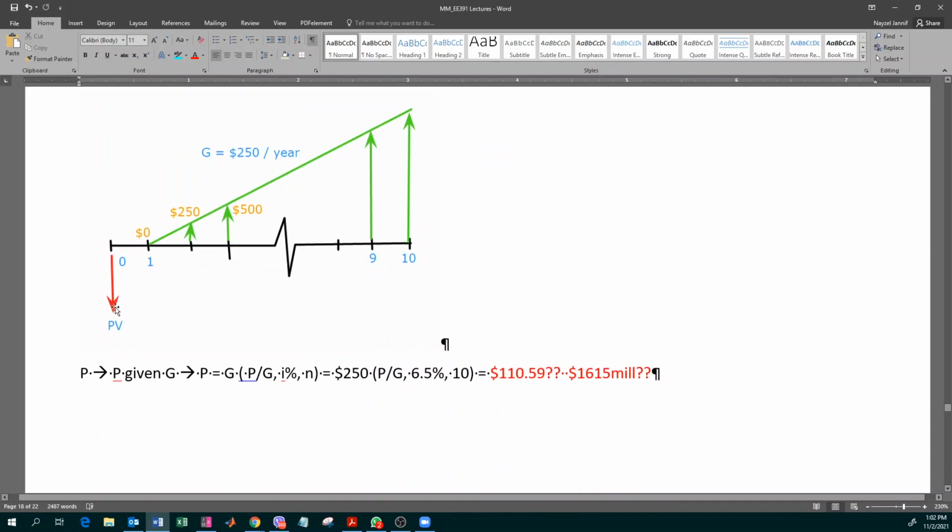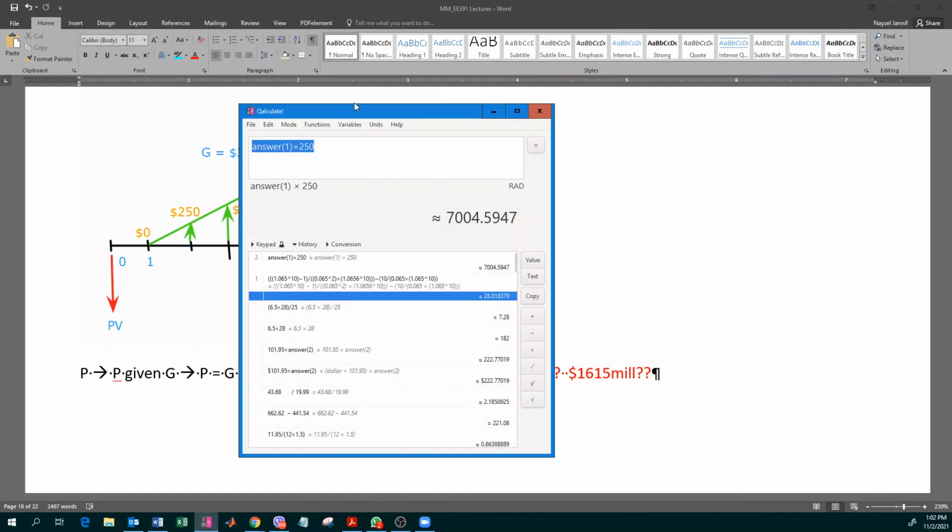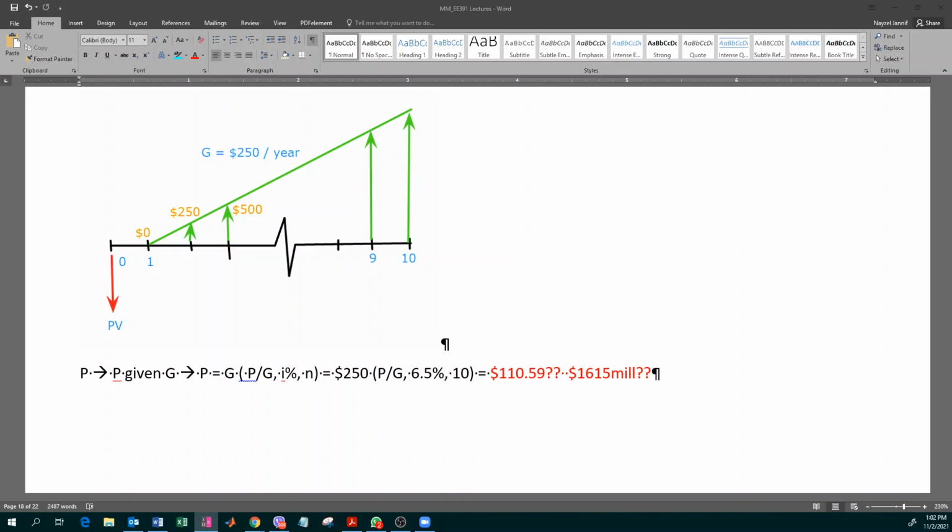So we want to find the present value over here. What answer did you guys find? 7159.8. Yes, that's correct. Or was it 7,000? Did anybody get 7004?